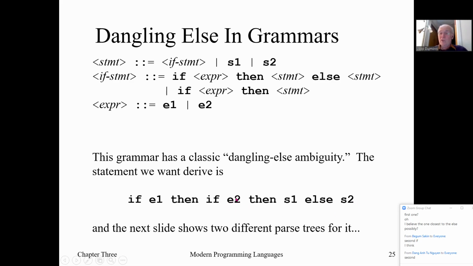So if this condition is satisfied, you perform S1, otherwise you perform S2. And then the next sentence is that S1 can be another if statement, and S2 can be another if statement. So if you have plenty of these ifs, thens, and elses together, how to solve this problem?